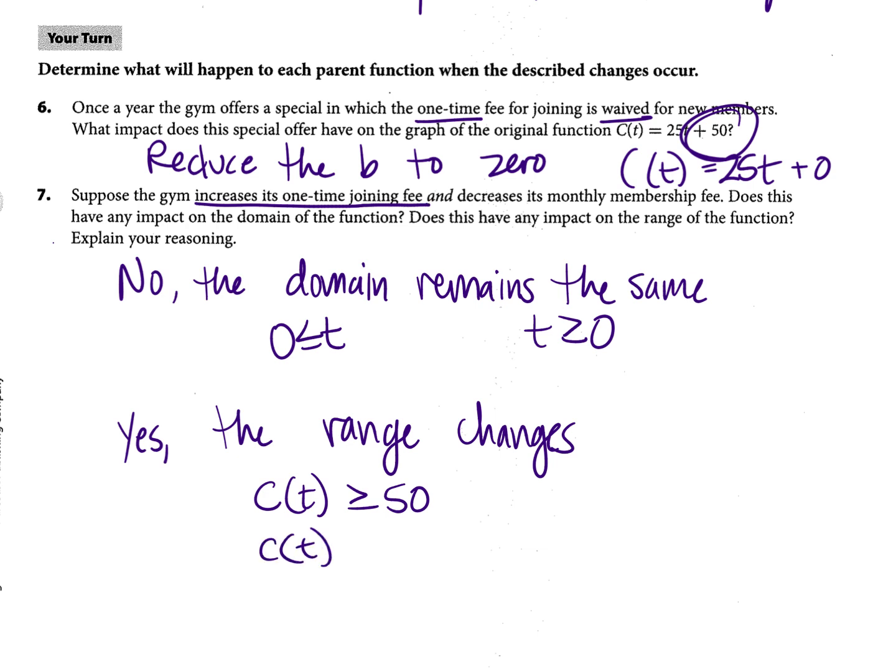It would have to be whatever the new amount is, the new joining fee. So this was before, and this was what it would change to, based on whatever that new joining fee is.